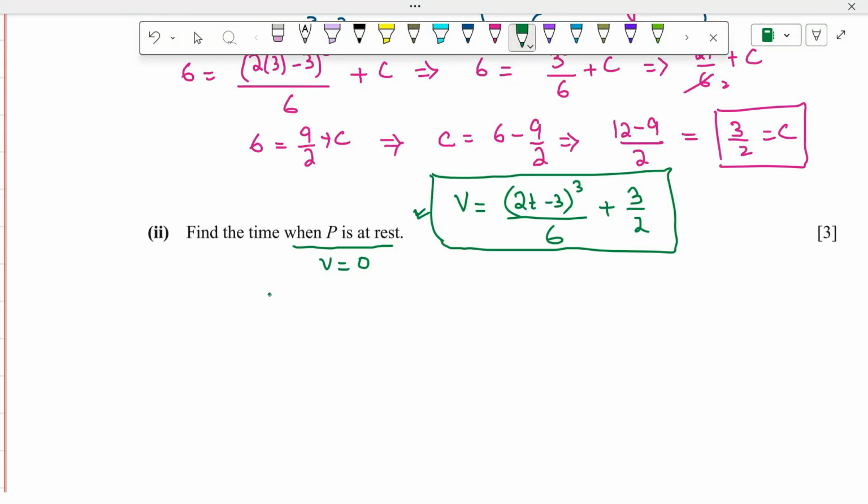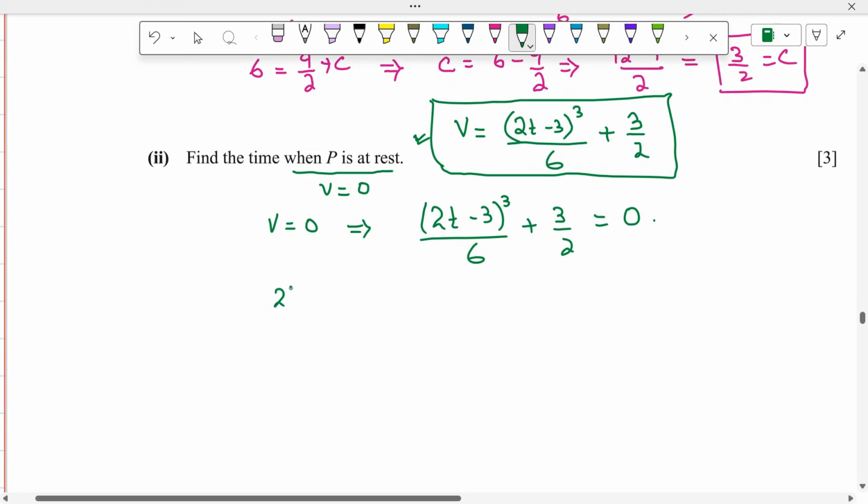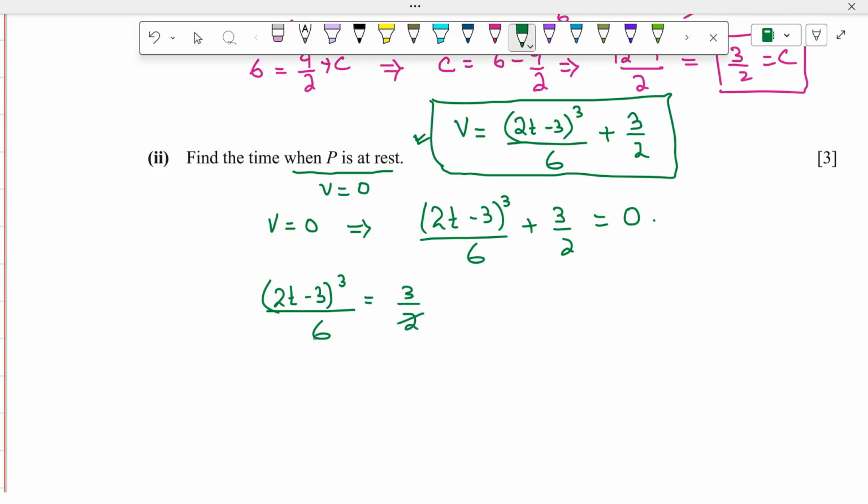So velocity equal to 0 means (2t - 3)³ over 6 plus 3/2 equal to 0. Further solving, we will have (2t - 3)³ over 6 equal to 3/2, and this one is, sorry, negative. Further solving, we will have (2t - 3)³ equal to negative 9.